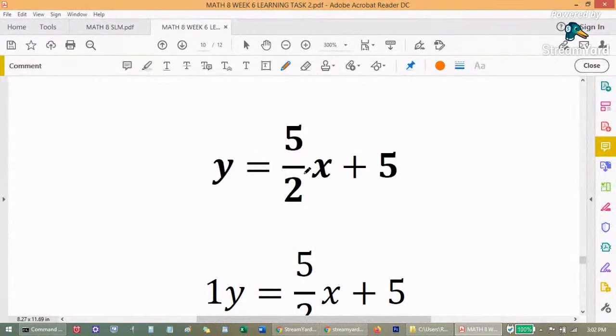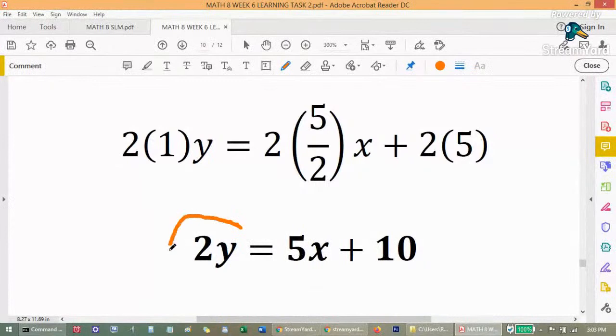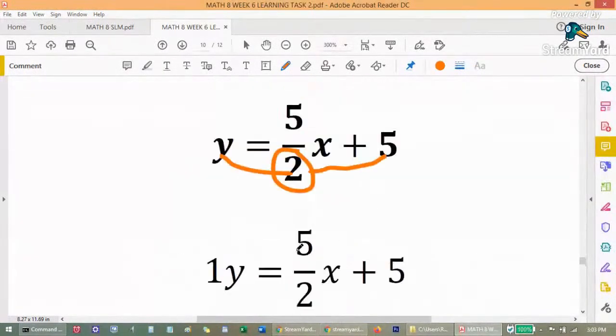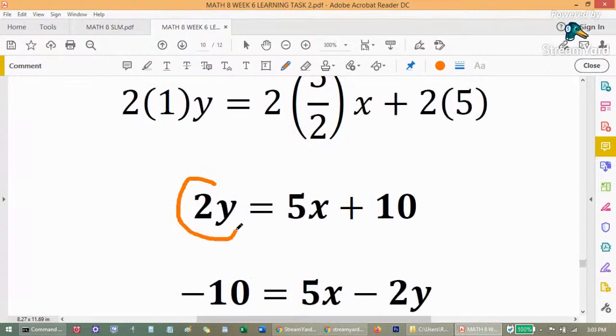And then, ang shortcut is 2. I-times natin sa y. Times natin sa 5. So, magiging 2y. 2 times y is 2y.